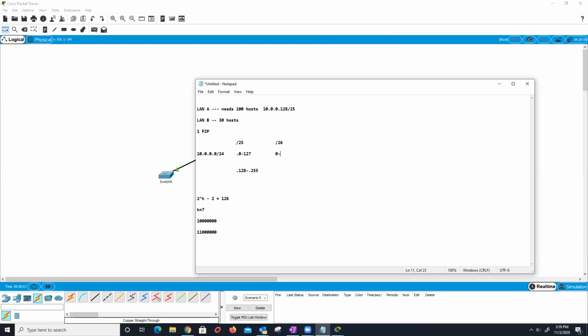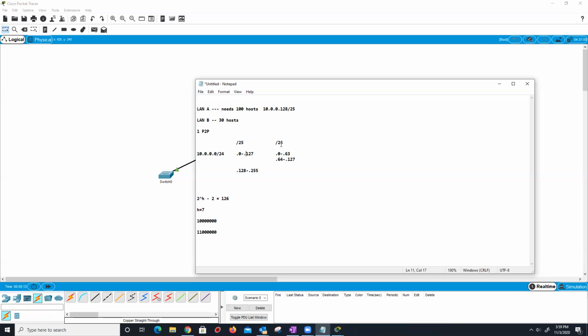So this is 0 to 63, and then .64 to .127. Notice I'm not making numbers up. I'm just using what's already there and breaking it into 2 pieces.